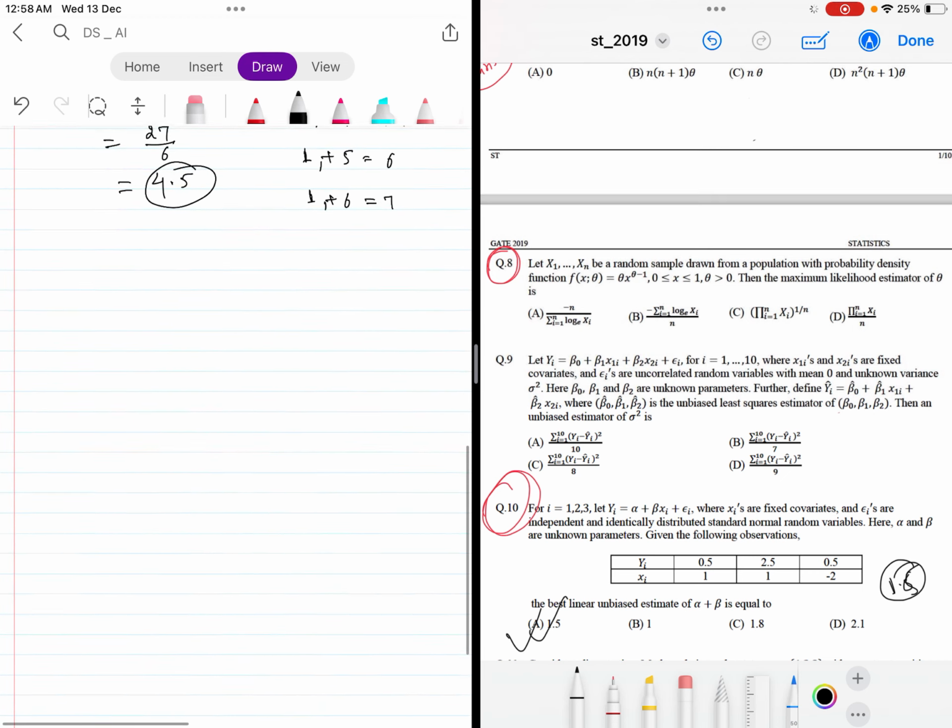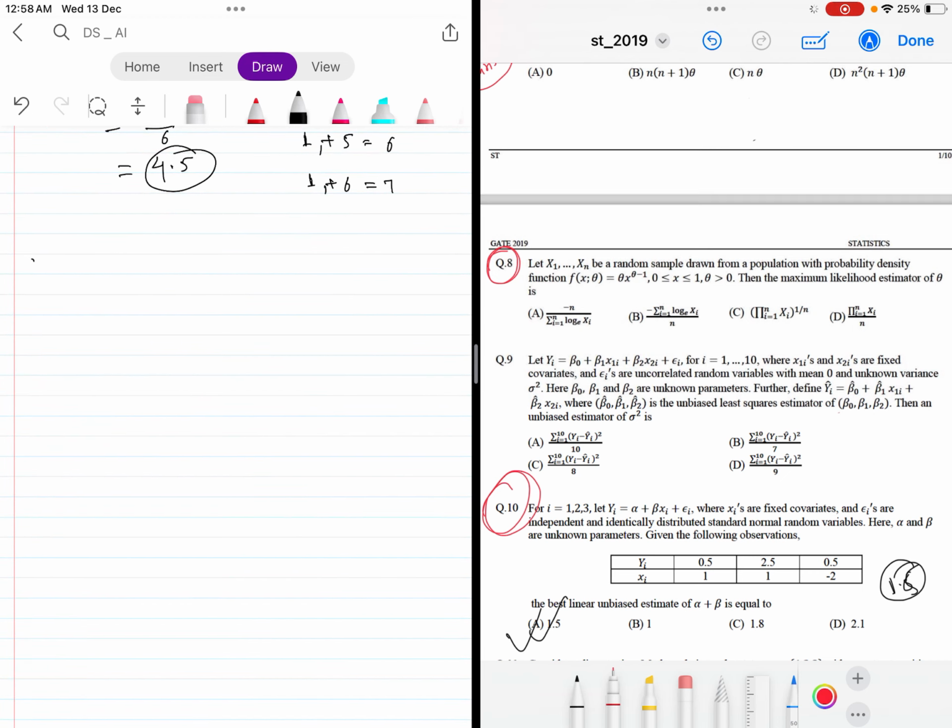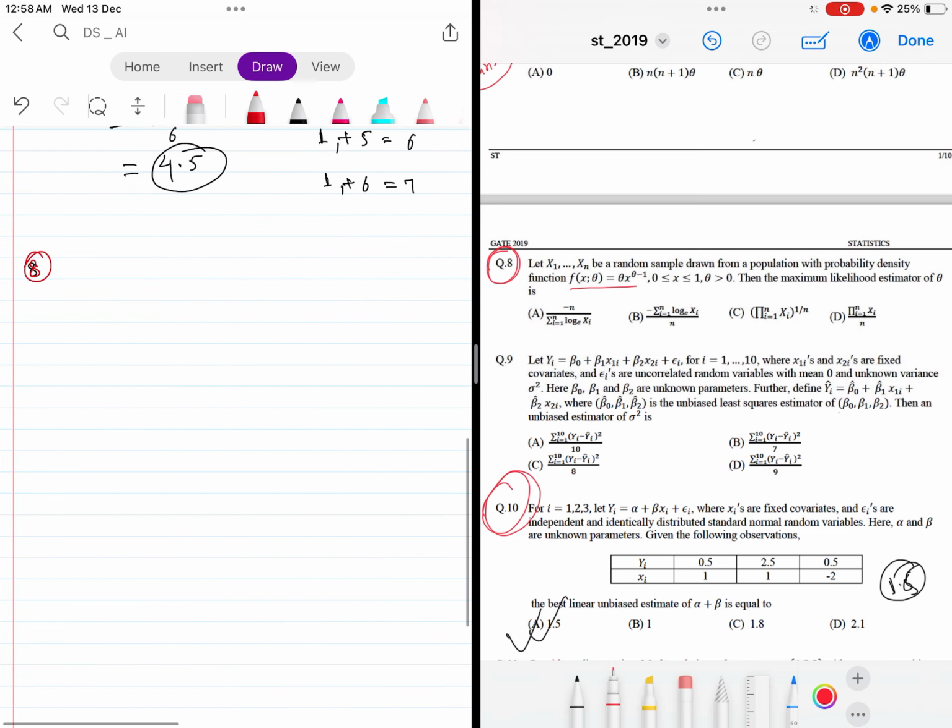Right, so question 8. Let X1 and so on be a random sample drawn from the population with probability density function, which we have been given, and the sample has been drawn from this probability density function, and these are the samples X1, X2 till Xn.